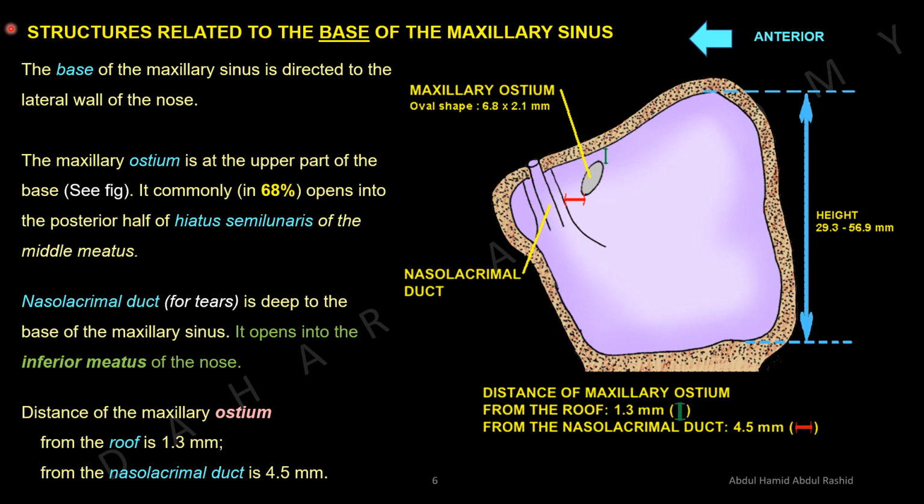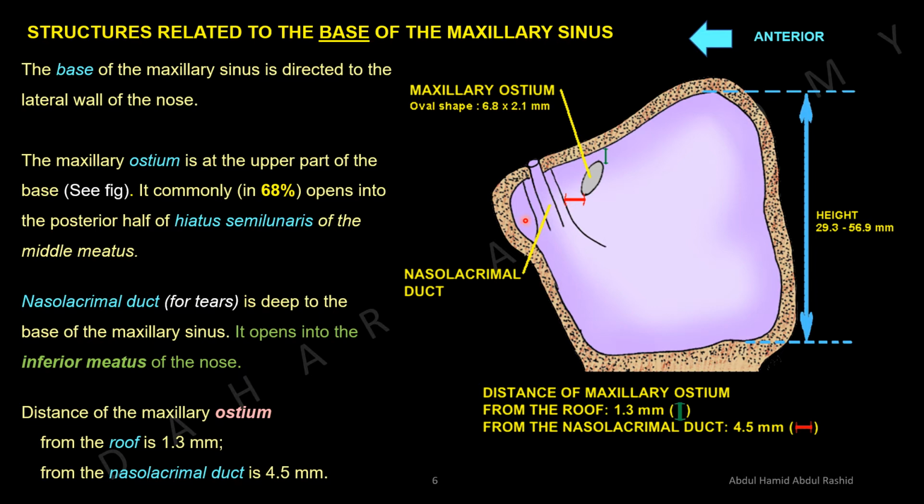Structures related to the base of the maxillary sinus. We are looking at the base of the left maxillary sinus from lateral side. This is anterior. As you know, the base of the maxillary sinus is directed to the lateral wall of the nasal cavity.